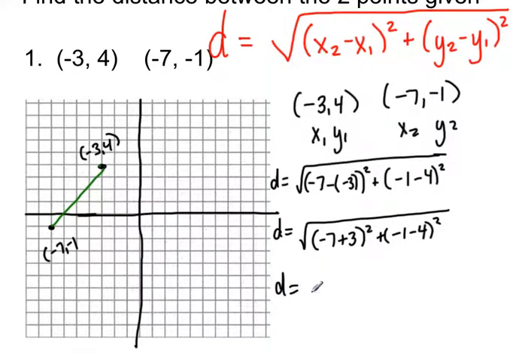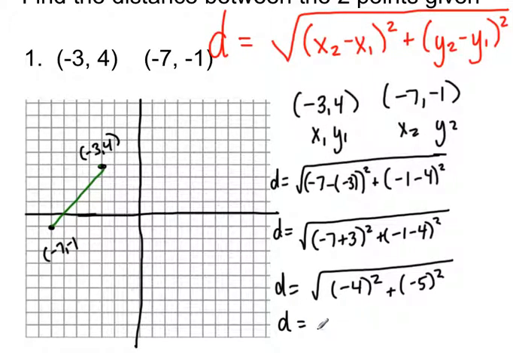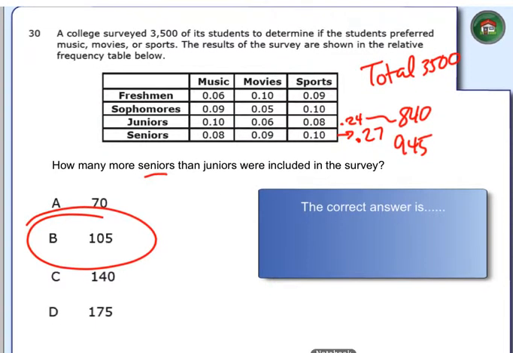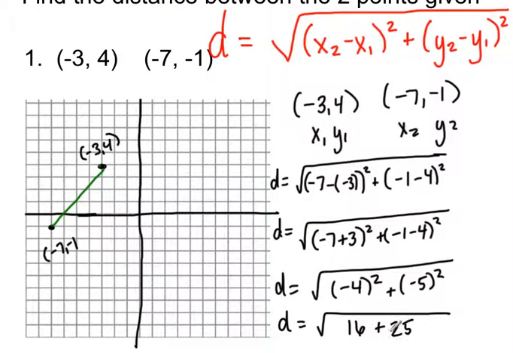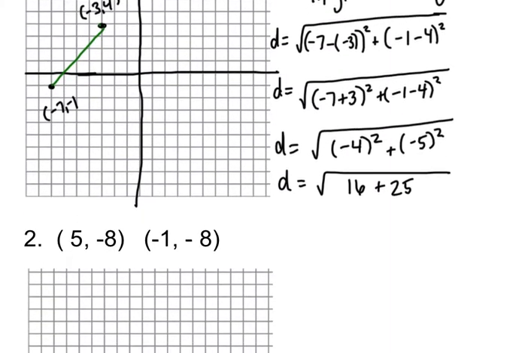Okay, so the distance, if I keep going here, again, that's going to be -4 squared plus, that's a -5 squared. And -4 squared would be a +16, and -5 squared would be a +25. You should never get, sorry about that, you should never get negative numbers under there.